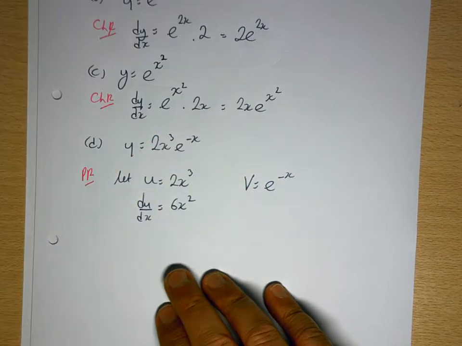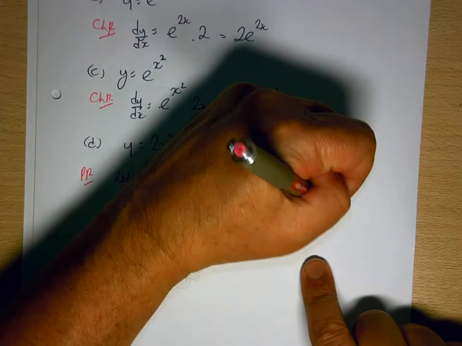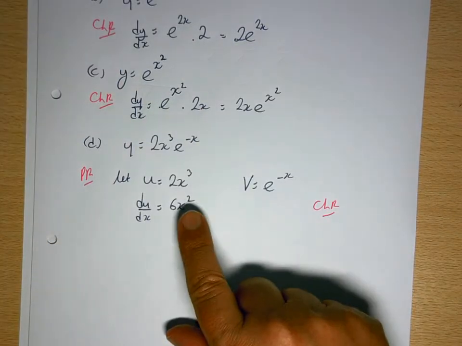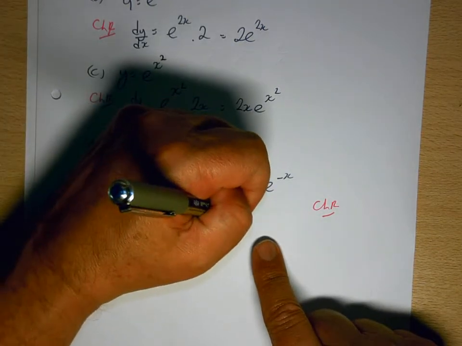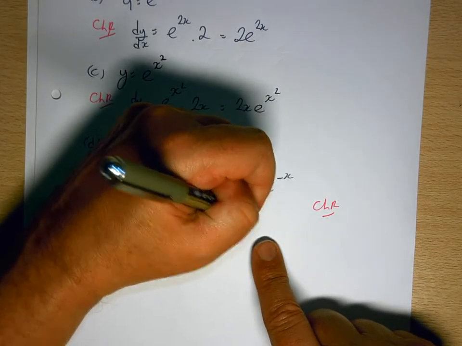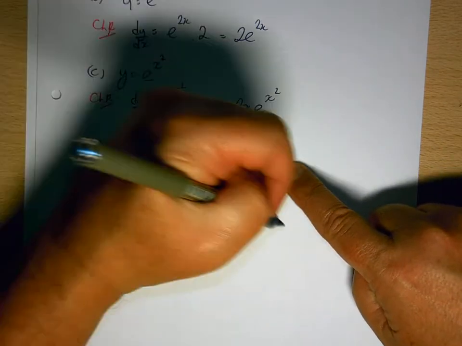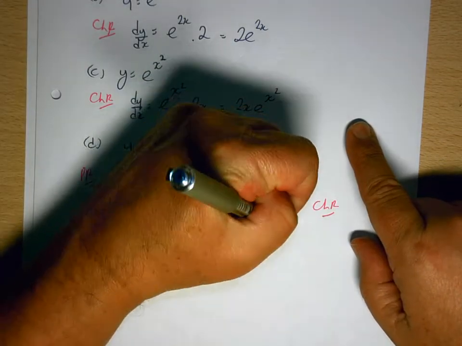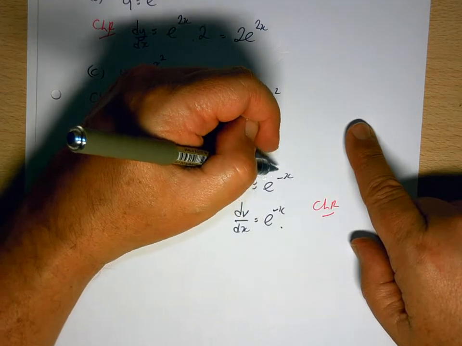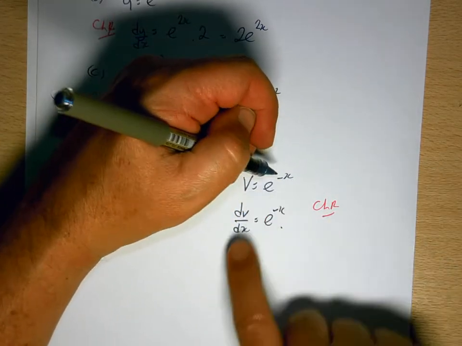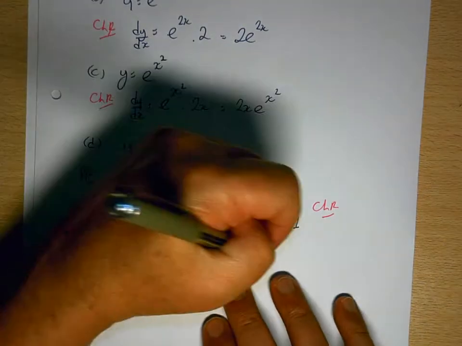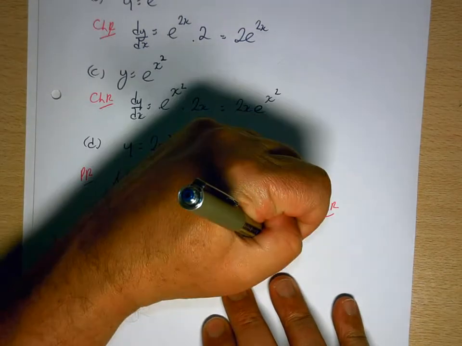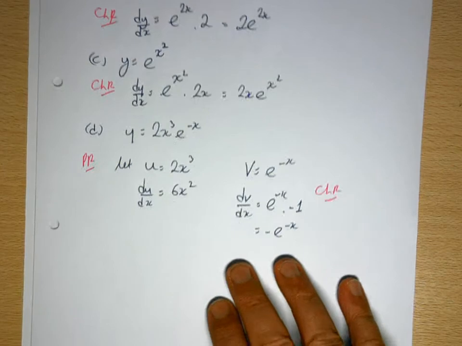Now here we've got an embedded function again, so I've got a chain rule tucked away inside this product rule. So when I differentiate v, I get e to the finger multiplied by what you get when you differentiate what you covered up, which will be minus 1. So that equals minus e to the minus x.